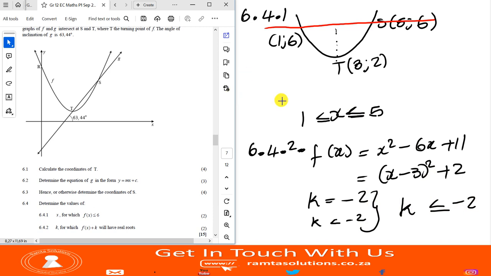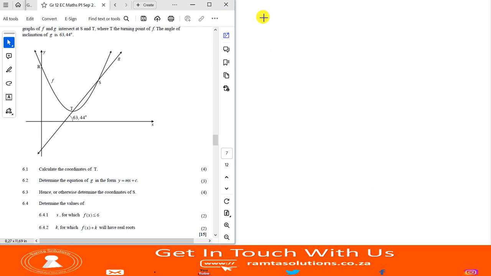Guys, I have to show you something. Our answer is here, by the way. This was just a demonstration. So let me show you what I mean. I had said f(x) was (x − 3)² + 2.